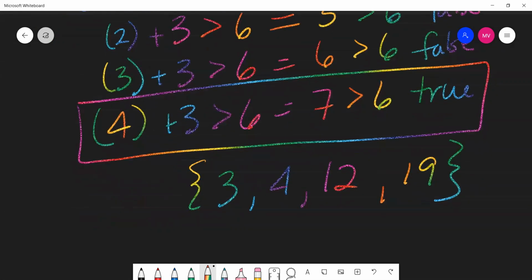And you determined here that 3 is false because 6 is not greater than 6, it's equal to. And then you determined that 4 is true. And you know that as long as the rest of your numbers are positive numbers larger than 4, they will all also be true. Right?